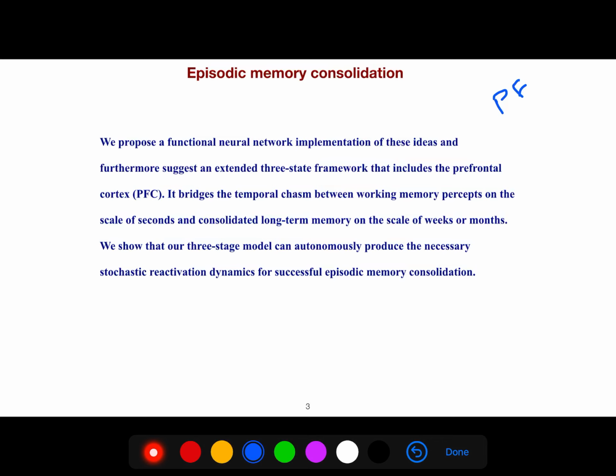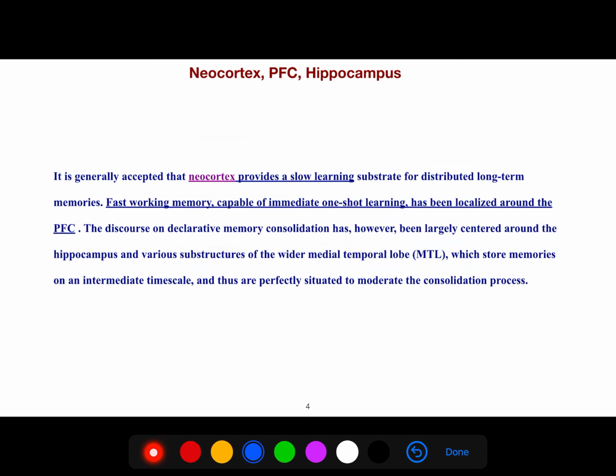And so we show that our 3-stage model can autonomously produce the necessary stochastic reactivation dynamics for successful episodic memory consolidation. It is generally accepted that neocortex provides a slow learning substrate for distributed long-term memories. Fast working memory capable of immediate one-shot learning has been localized around the prefrontal cortex.